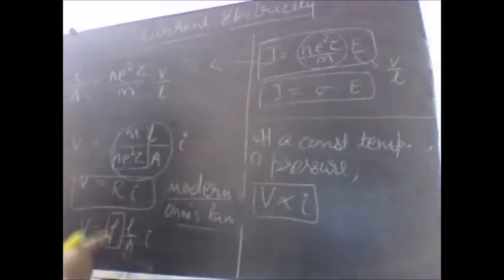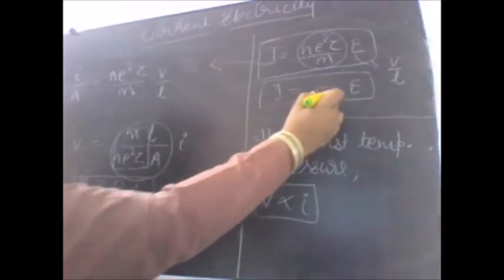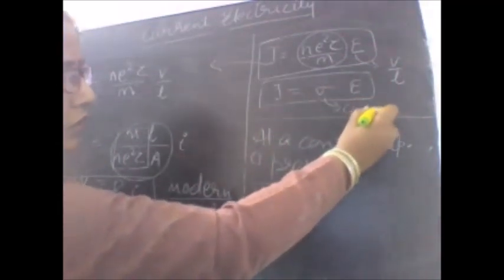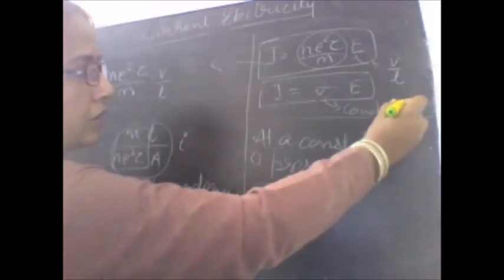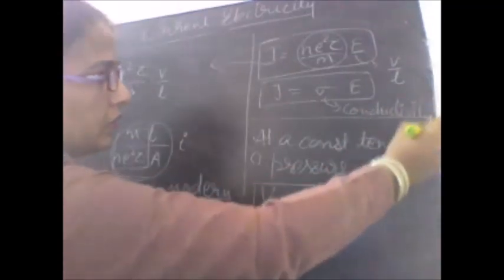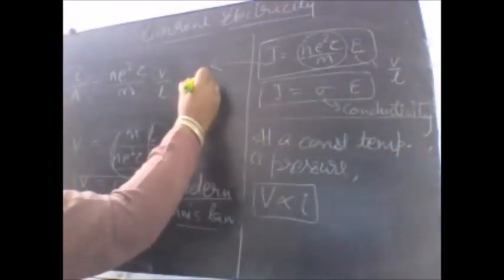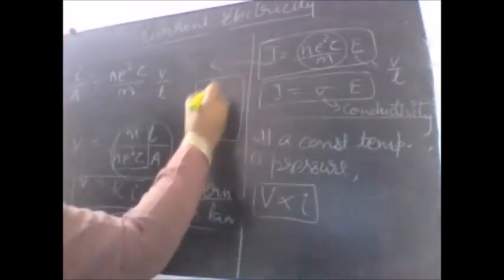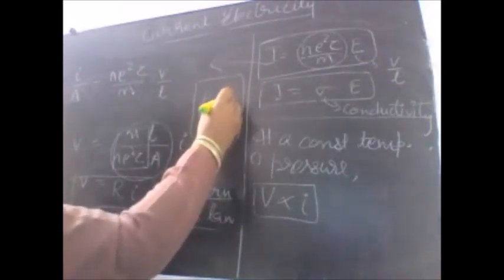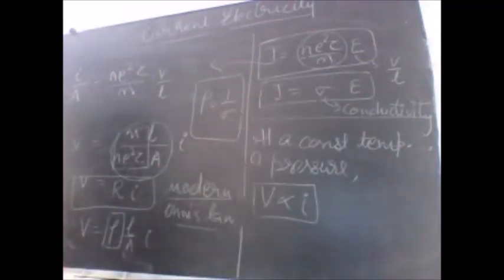It means rho, if we are calling that resistivity, sigma is known as the conductivity. So here conductivity is the reciprocal of resistivity. Rho is 1 by sigma. And from the formulation you can very well find out the SI unit for resistivity, and the dimensions also.